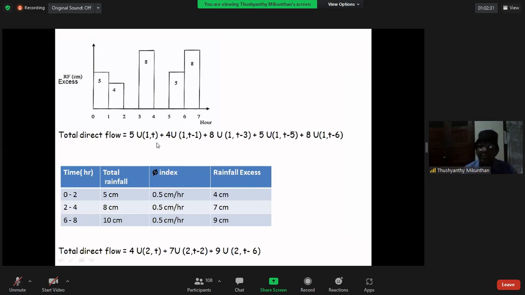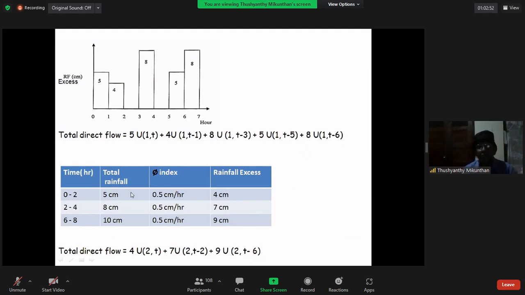Then simply copy t minus 1, then t minus 3, t minus 5, t minus 6. So total direct flow is equal to 5U plus 4U plus 8U plus 5U plus 8U, each with its time.